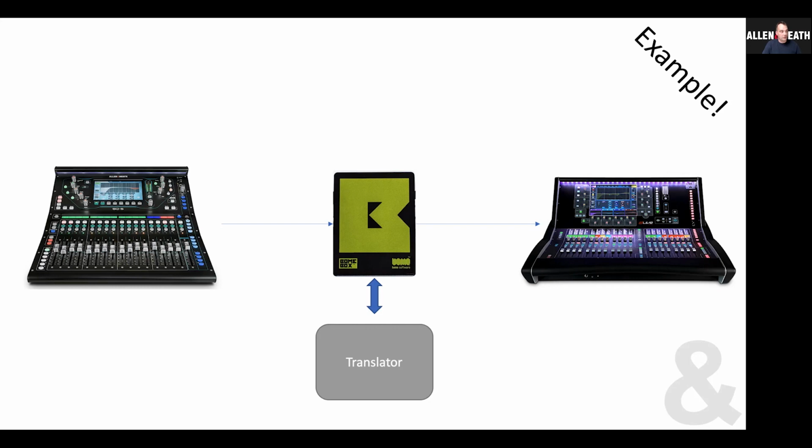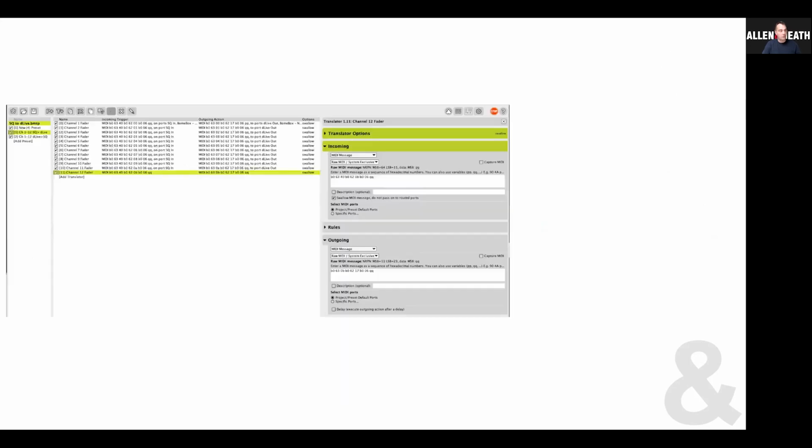So in this case, we are using an SQ with the Bomebox. We have created some rules and regulations, presets, where in our case, we have created channel 1 to 12 from SQ to D-Live, and channel 1 to 12 from D-Live to SQ. So for example, if we want to turn one way off, we can turn one way off.